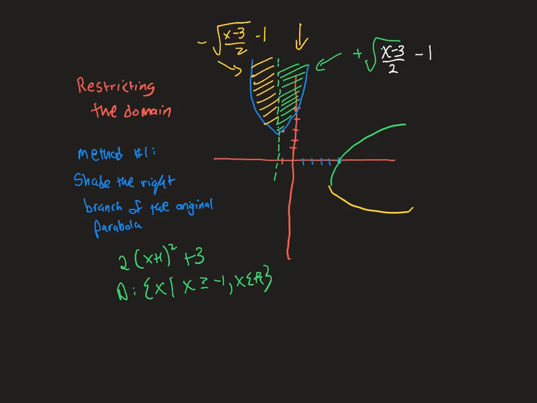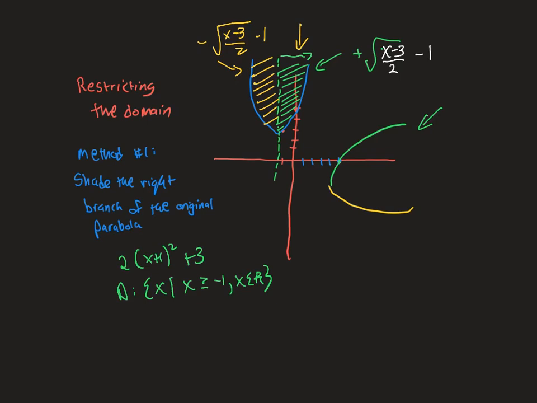This basically means everything from there and up. This also means that I'm only looking at my green line. Now this would definitely make it a function because now I only have this part here and I don't have the bottom part.